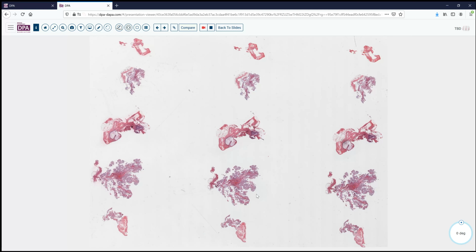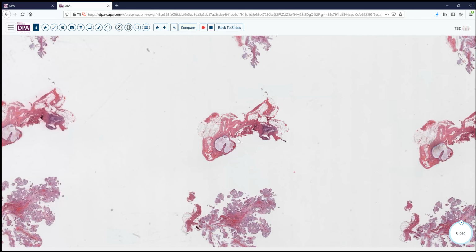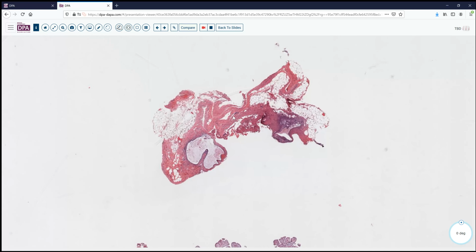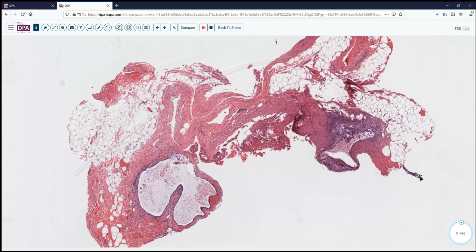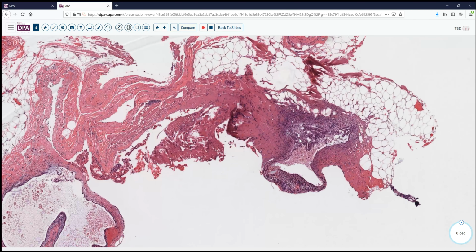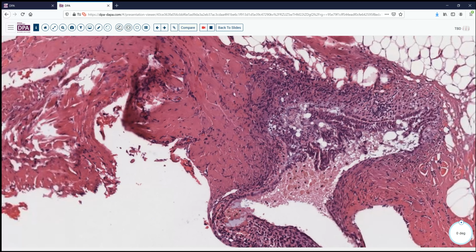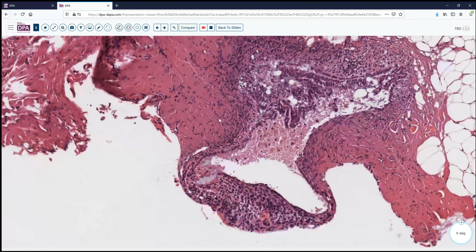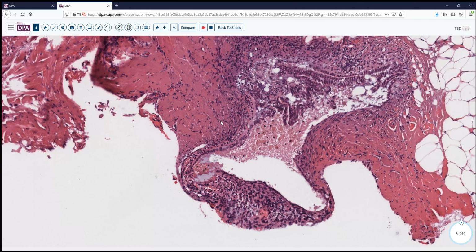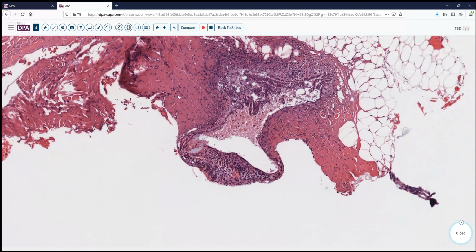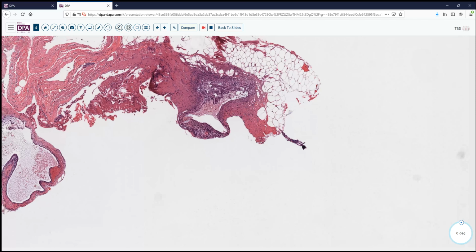We have several fragments. First, here in the middle, we have what looks like it's probably endometriosis. We have some glandular spaces, a little bit of stroma around, some associated hemorrhagic contents in the luminal space here. Certainly this would fit in most settings with endometriosis of the peritoneal cavity.